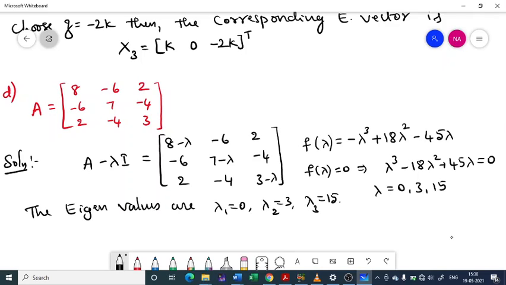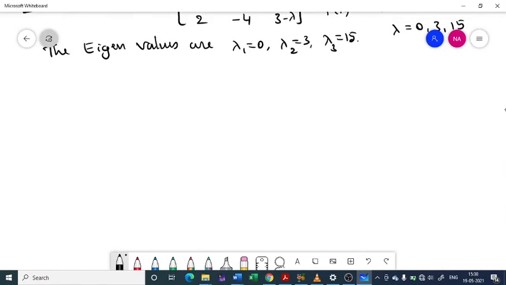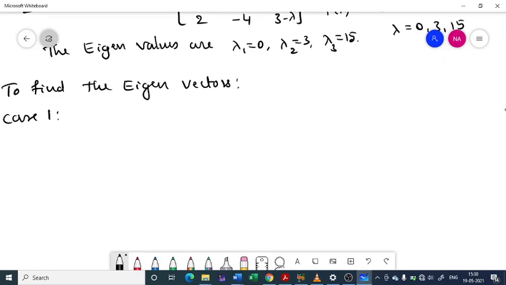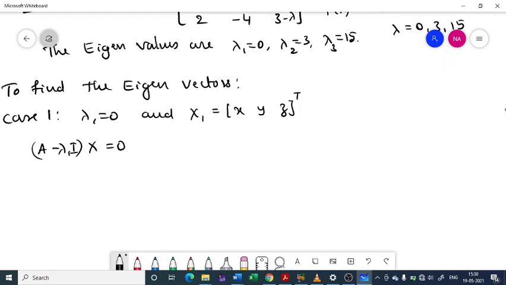Now we need to find the corresponding eigenvectors. First, case 1, lambda 1 equal to 0 and x1 equal to x, y, z transpose. So A minus lambda 1 I times x equal to 0 implies A x equal to 0.